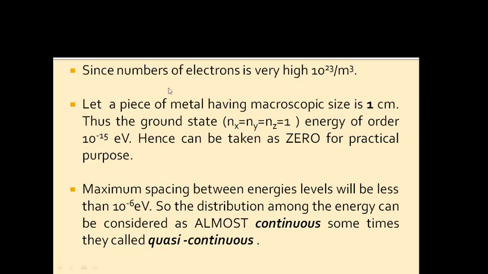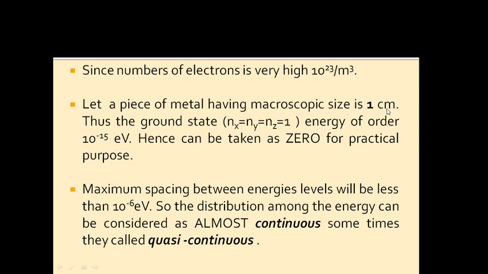Since there are many electrons available in the metal, on the order of 10^23 to 10^28 per cubic meter, let a piece of metal have a macroscopic size of 1 centimeter.